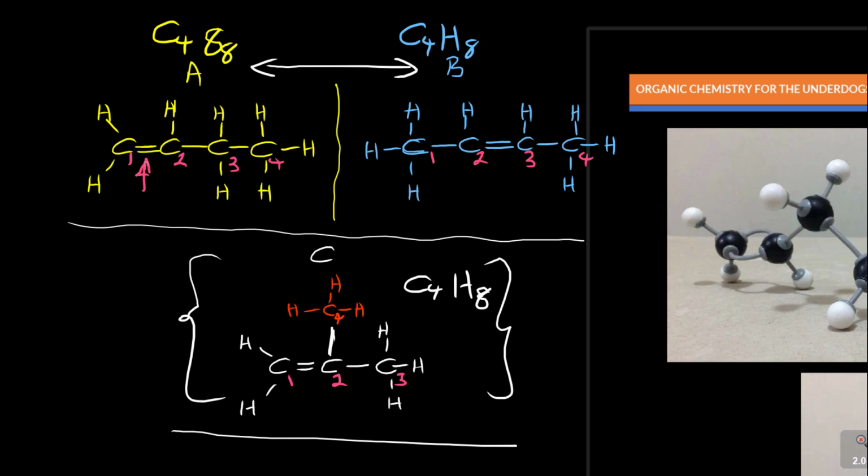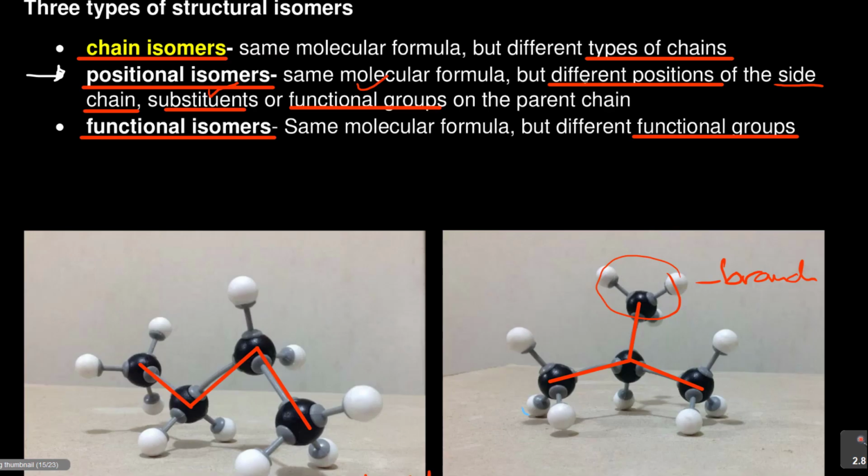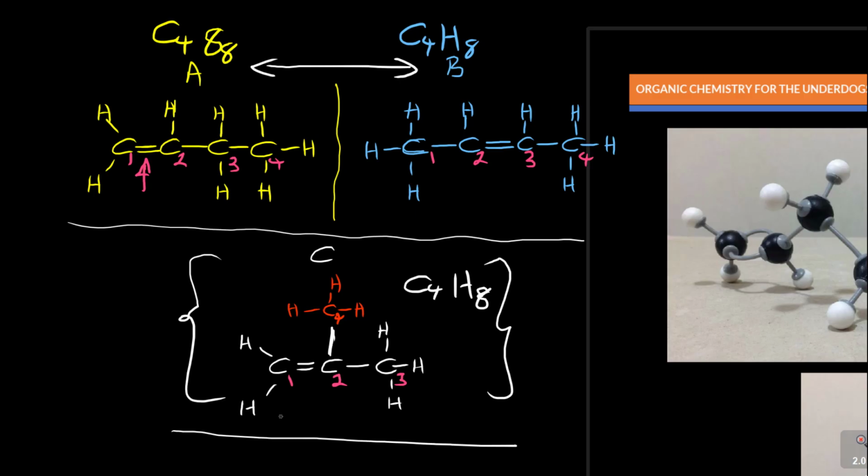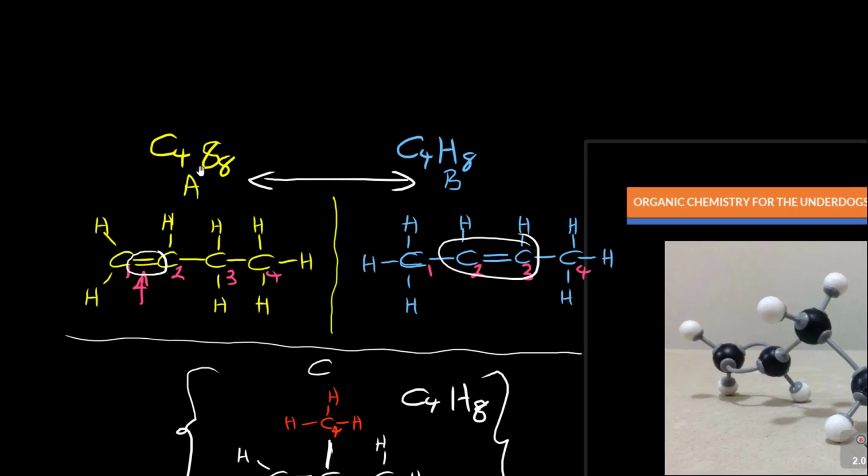A and B, the position of the what? Of the functional group. They say it's a different position of the side chain, substituent, or the functional group. So this one is more of the functional group, meaning which one is the functional group? It is this double bond. So this double bond moved from carbon 1 and 2, now it's in carbon what? 2 and 3.